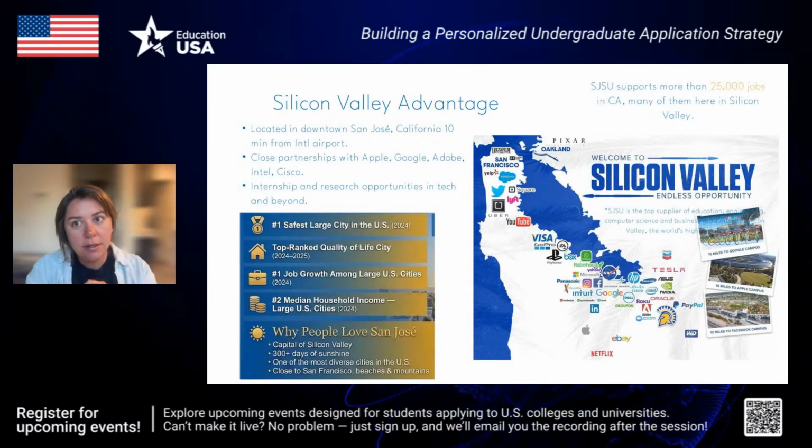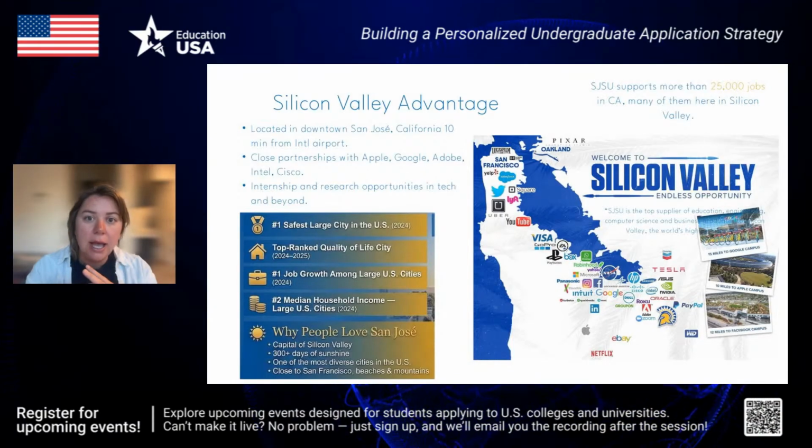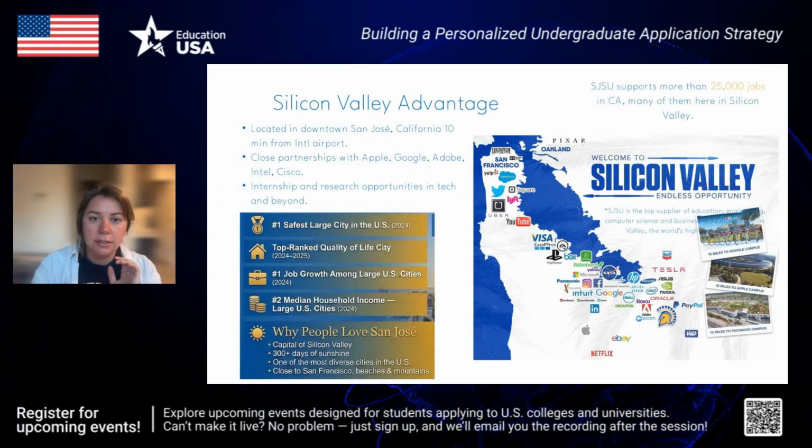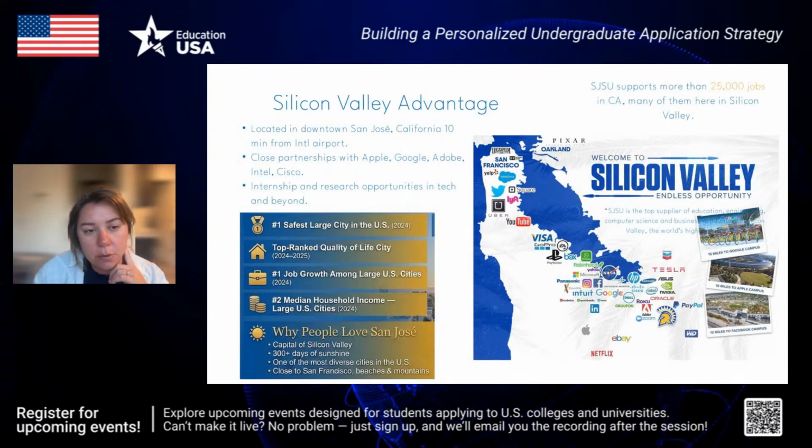But another caveat you should think about is, is this location going to be a good place where there are many opportunities? And that's where the Silicon Valley advantage comes from for us here. As you can see on the map, if you zoom in, San Francisco is probably the most famous city in the Bay Area.